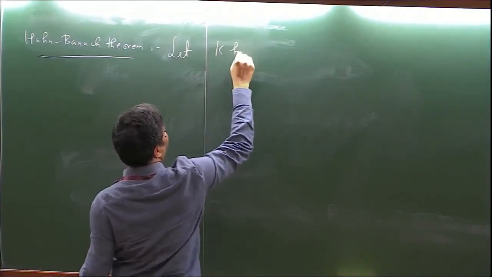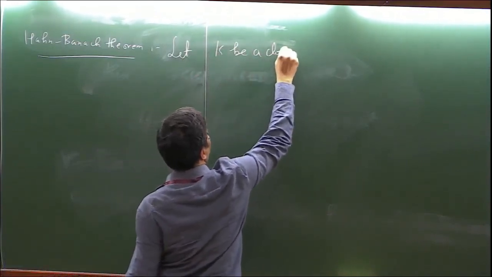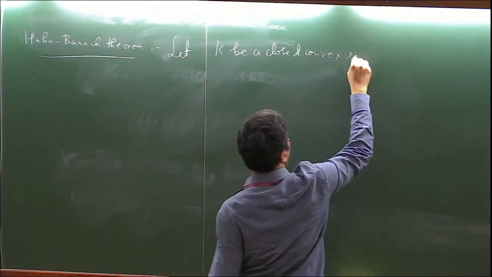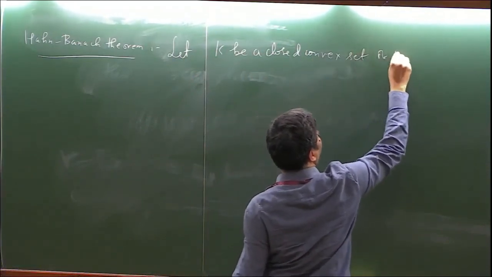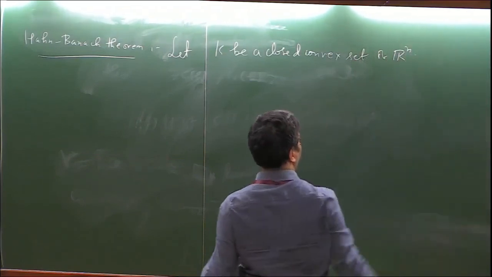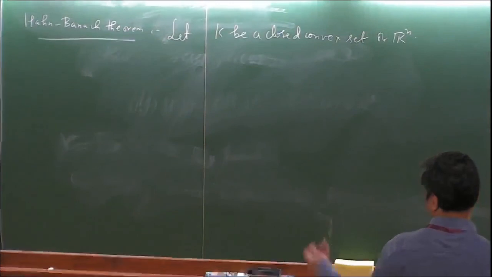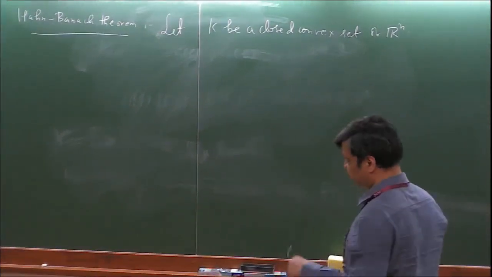Let K be a closed convex set of R^n. I need only the finite dimensional case, because our spaces are finite dimensional.